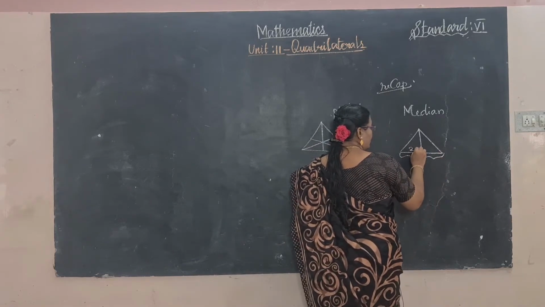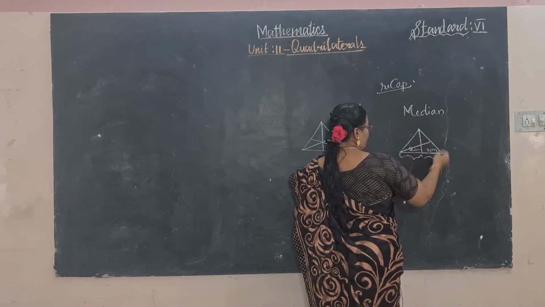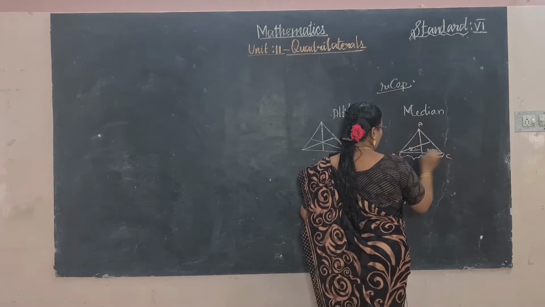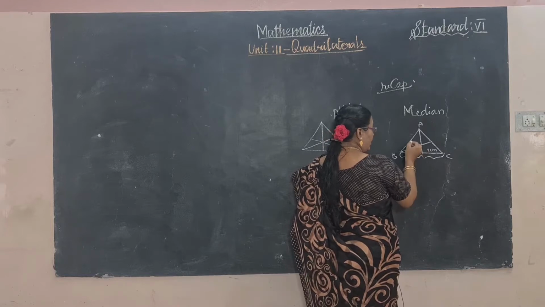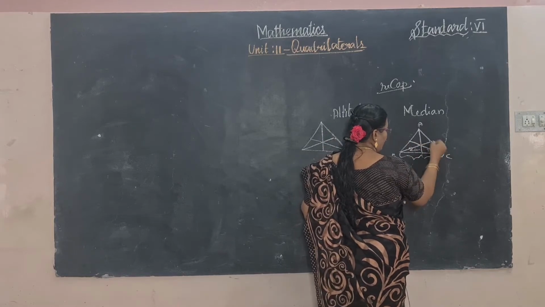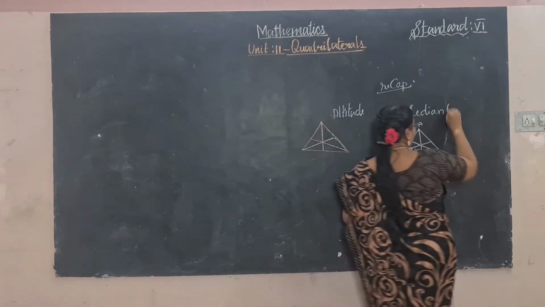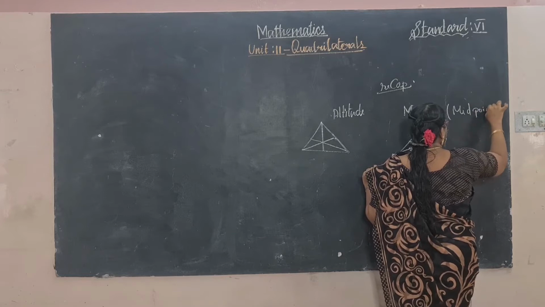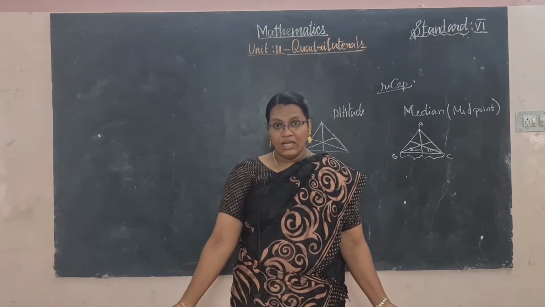For example, here 2 cm, here also 2 cm. In triangle A, B, C, the vertex B divides the opposite line segment AC equally. It's a midpoint. It is called the median or midpoint of the line segment. These are all we have learned in the previous class.